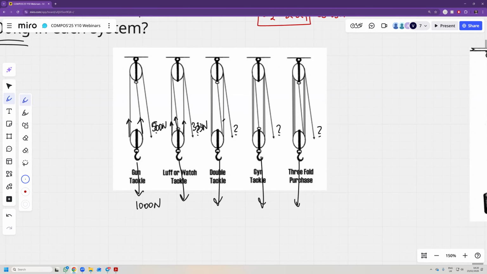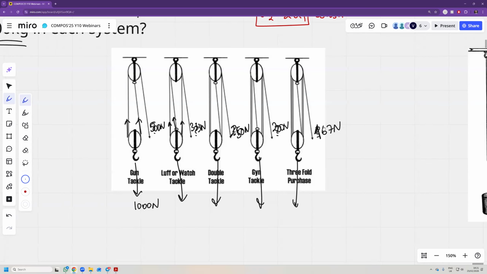One, two, three, four ropes, so 250 newtons, and 1, 2, 3, 4, 5, so 200 newtons, and 167 newtons here. So the more loops you make, the easier it is to lift. And of course, we assume there's no friction and the pulleys are massless, because otherwise it just gets more complicated.